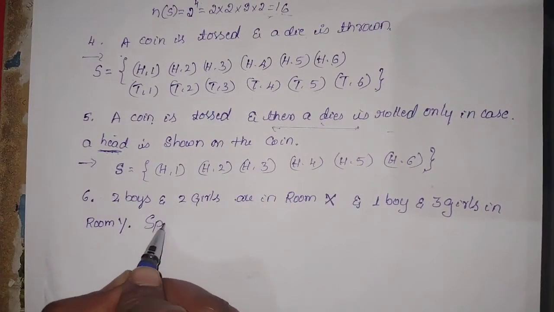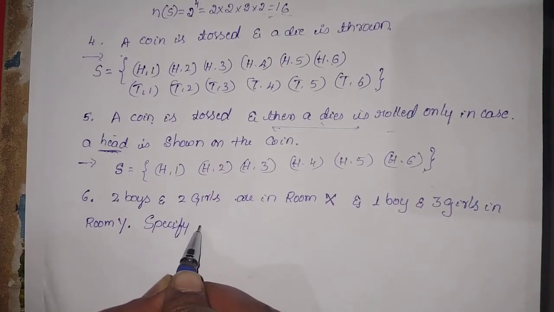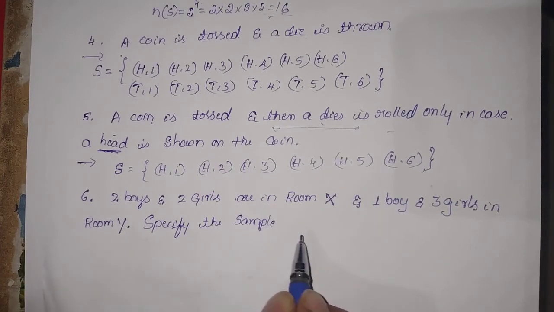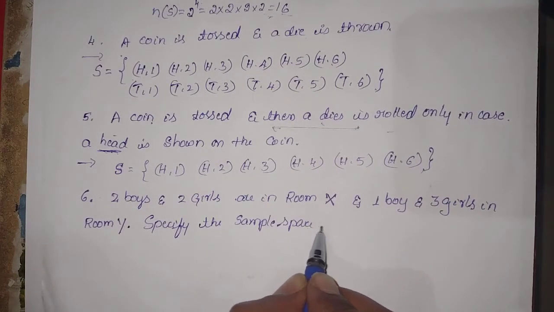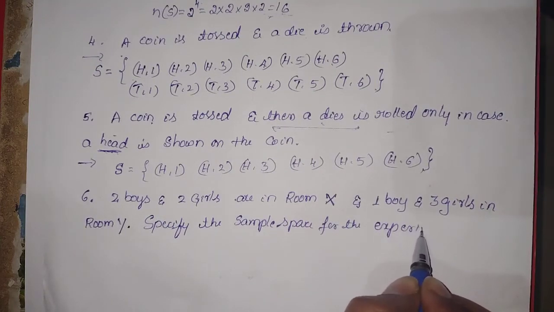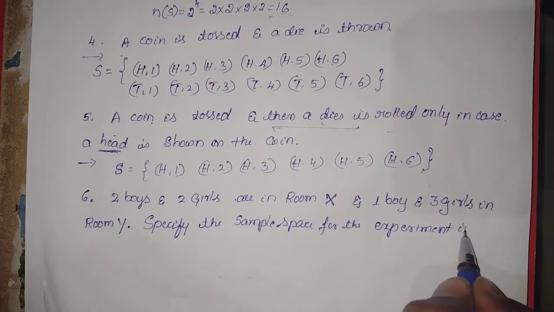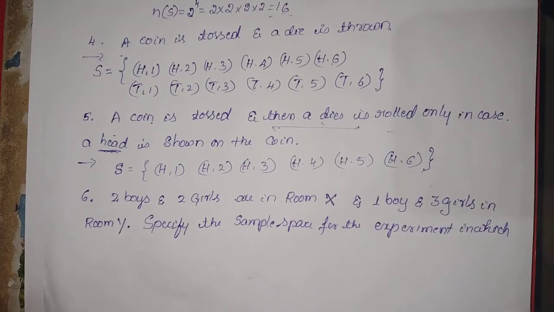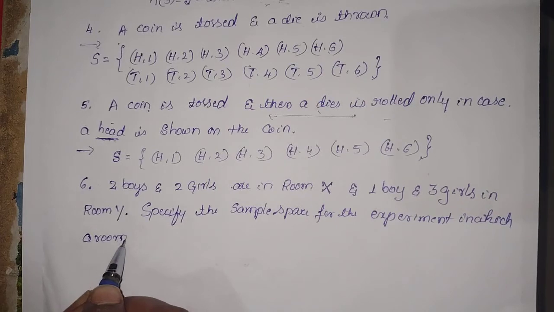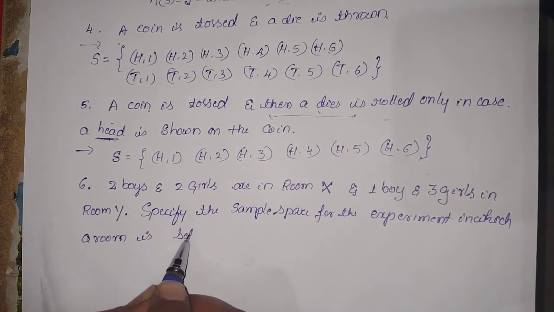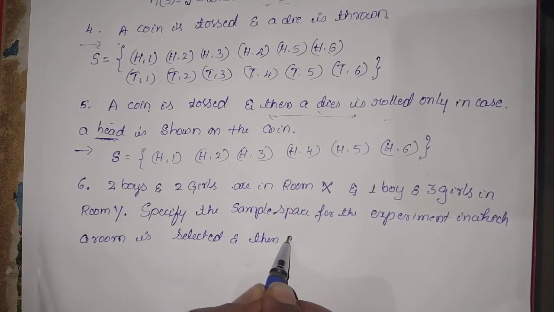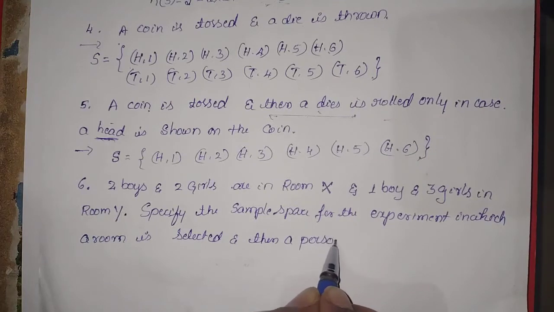Specify the sample space for the experiment in which a room is selected, and then a person.